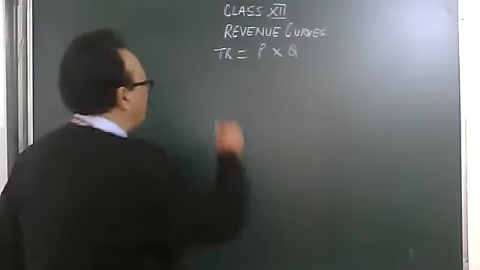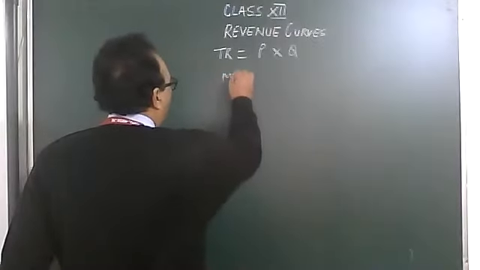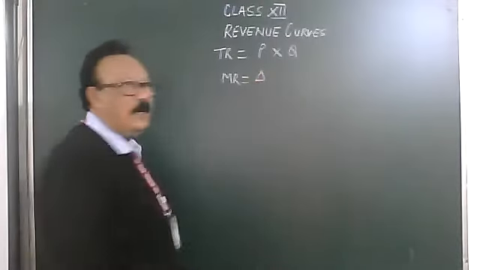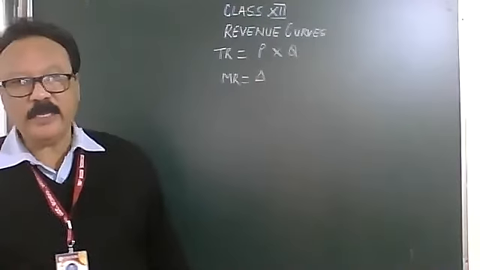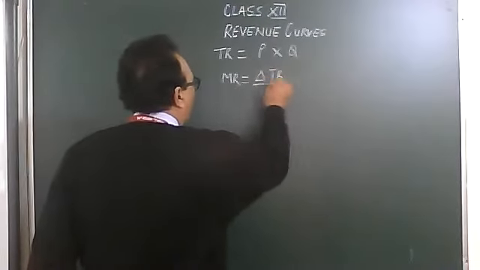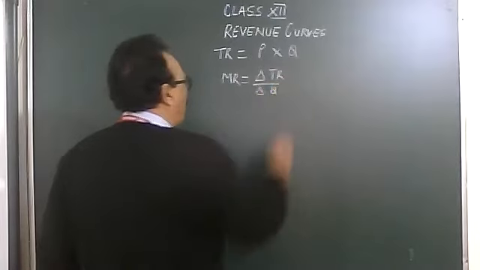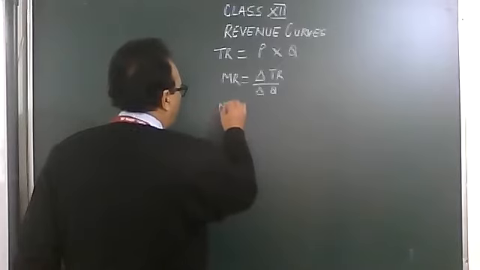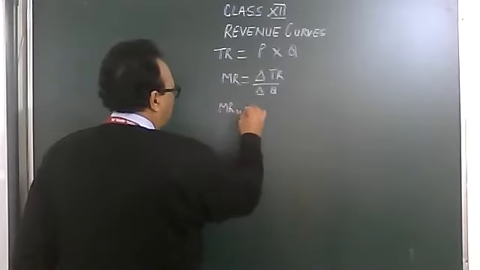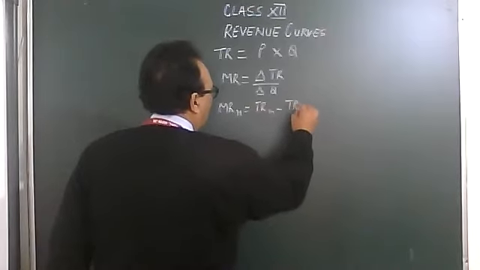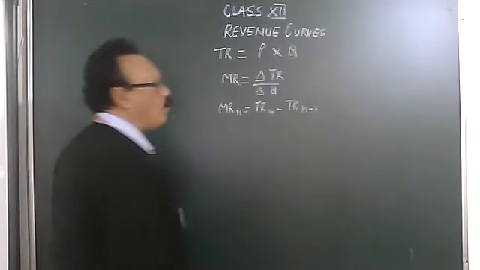So symbolically, MR is equal to delta TR upon delta Q. Delta means change, so change in total revenue upon change in quantity. Or MR can be calculated as MR of n is equal to TR of n minus TR of n minus 1.